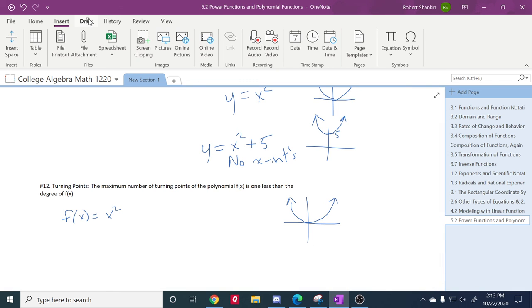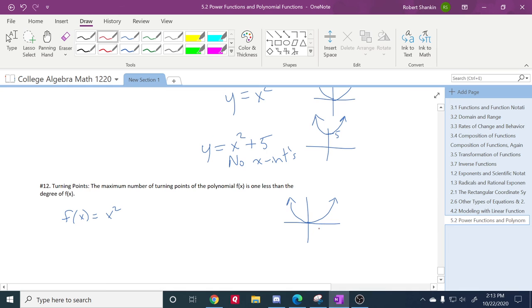This point right here, the lowest point at the bottom of a valley or highest point at the top of a hill, is what we call a turning point. Because the graph was decreasing and then it changed to increasing. It turned from going downhill to uphill. That's why it's called a turning point.